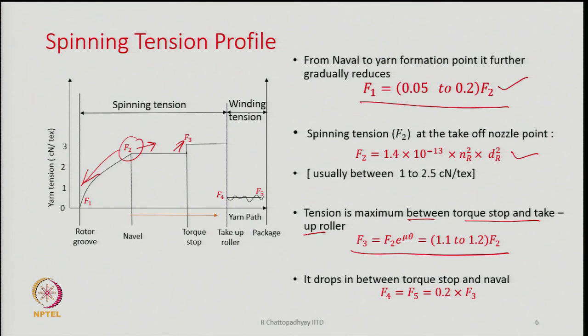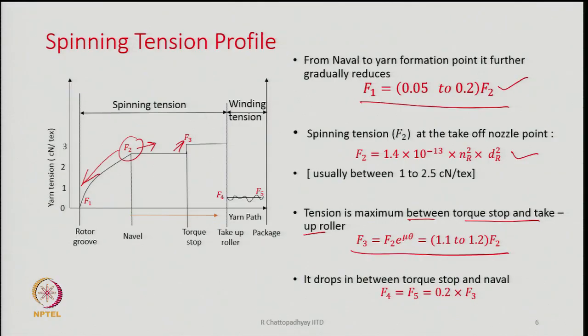The yarn is made to pass over it, and when it comes into contact with it, the yarn is deflected a bit. Because of the deflection, there will be a change in tension. So, we all know Amontons' law. Amontons' law is used to find out the tension after the twist trap or torque stop.